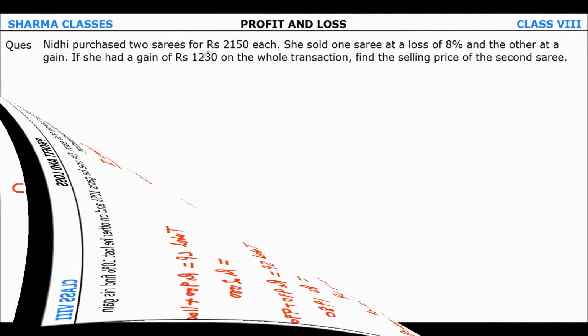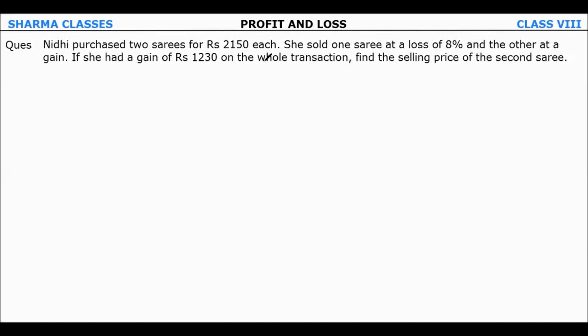Nidhi purchased two sarees for rupees 2150 each. She sold one saree at a loss of 8% and other at a gain. If she had a gain of rupees 1230 on the whole transaction, find the selling price of the second saree. So basically the question is saying that there is a girl Nidhi who has purchased two sarees for rupees 2150 each.